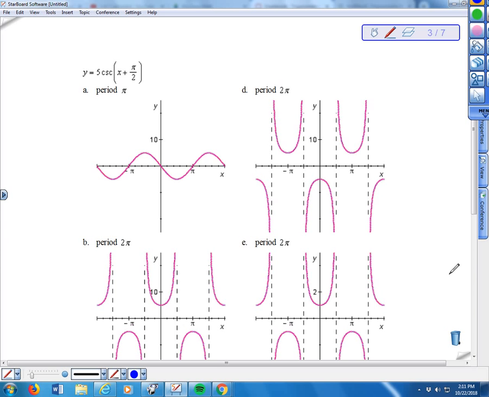So now I have to do one step further. Sine's normally like this, right? Cosecant is normally like this, and it shifts left pi over 2. So this is up, this is down, right?